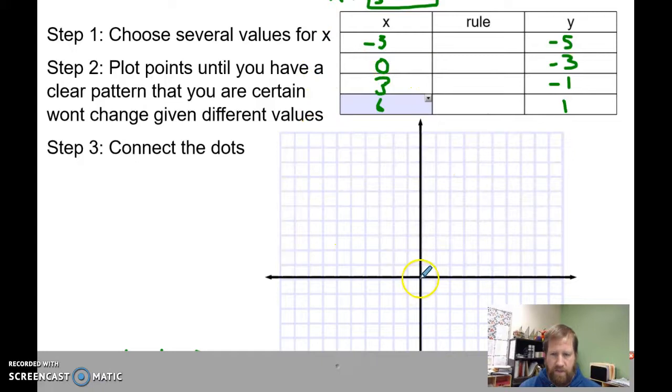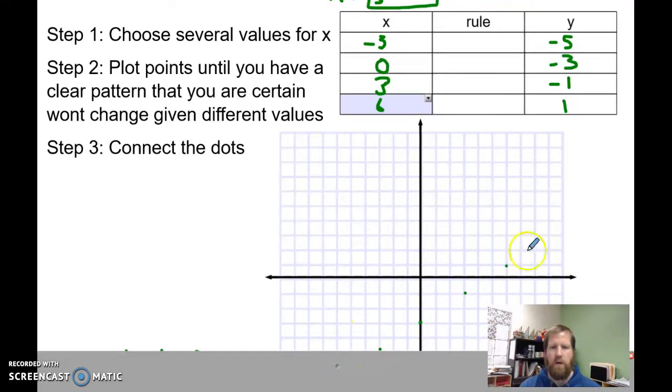At -3, we have -5. At 0, we have -3. At 3, we have -1. And at 6, we have 1.